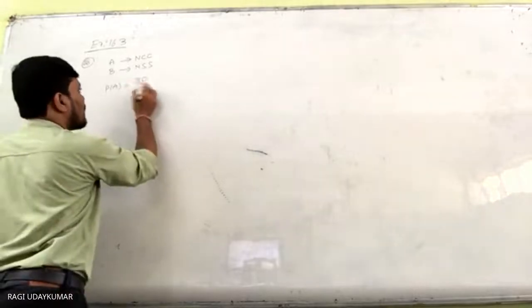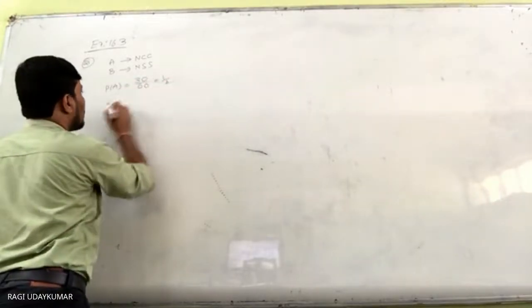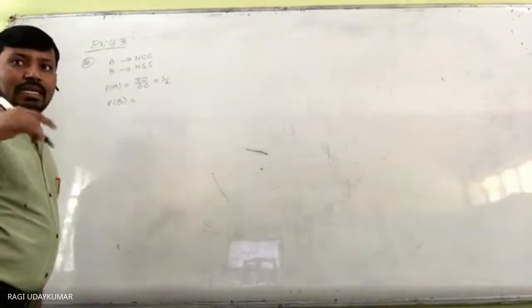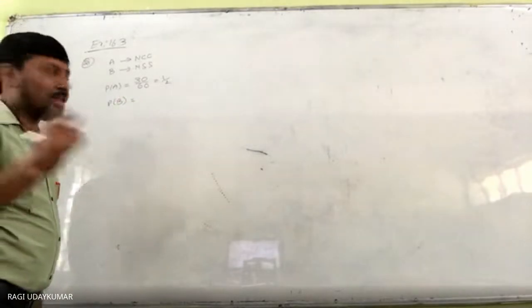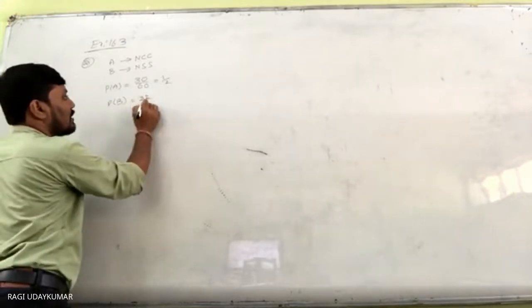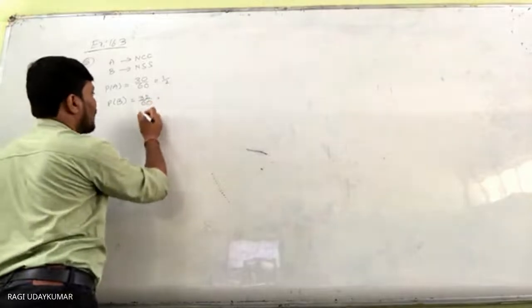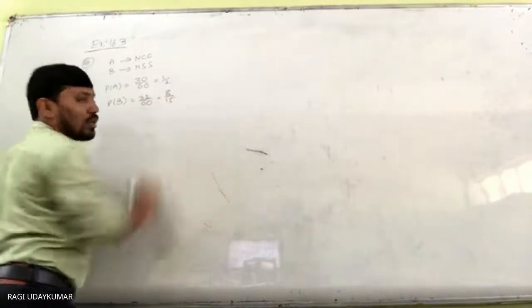So 30 students are selected, and probability of A is equal to 1 by 2. Probability of B is 32 by 60. If you divide by 4, you get 8 by 15 as the probability of B.